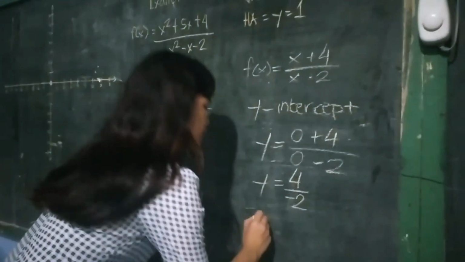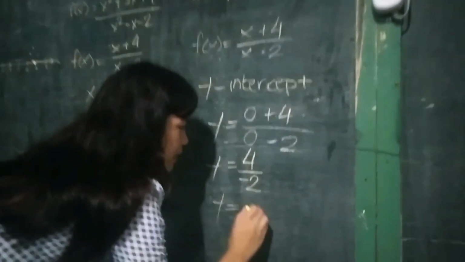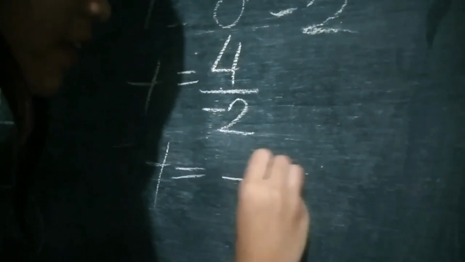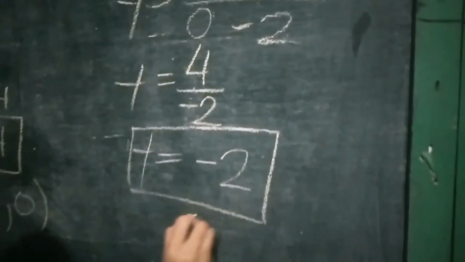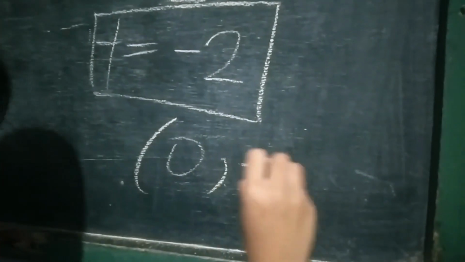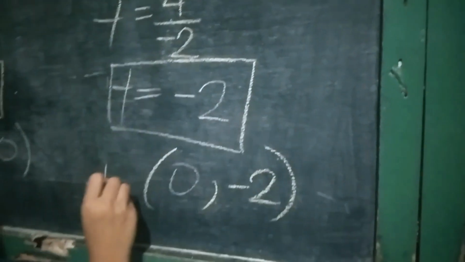And lastly, we divide. 4 divided by negative 2 is equal to negative 2. So this is our y, and this is the ordered pair: 0 and negative 2. So this is our y-intercept.